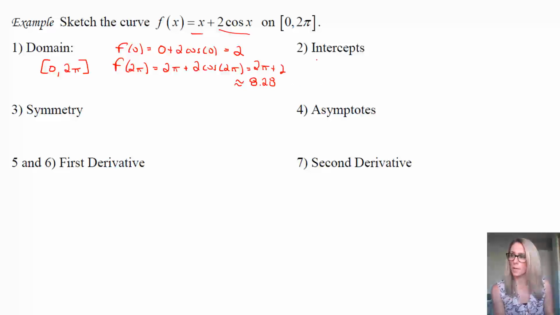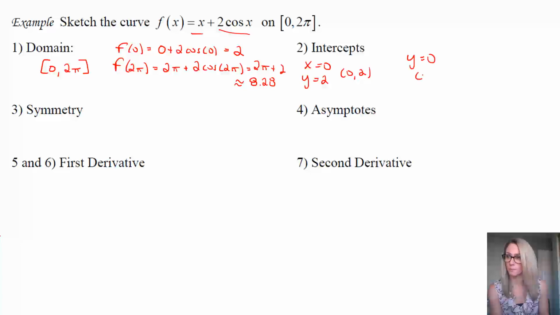In terms of intercepts, when x equals 0, we already did that because that's the left-hand side of the interval, and we got y equals 2. So then we have our y-intercept at (0, 2). As far as possible x-intercepts go, we would be setting the function equal to 0. If it was possible to check easily, we would do that.